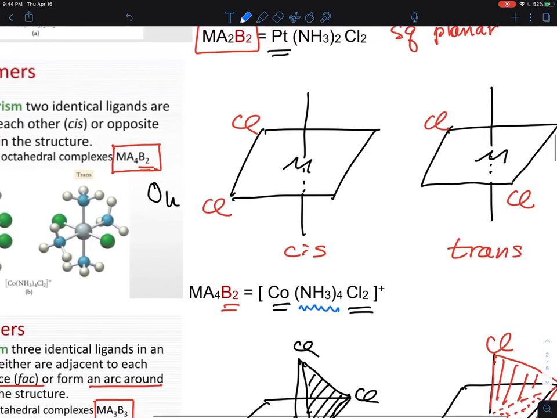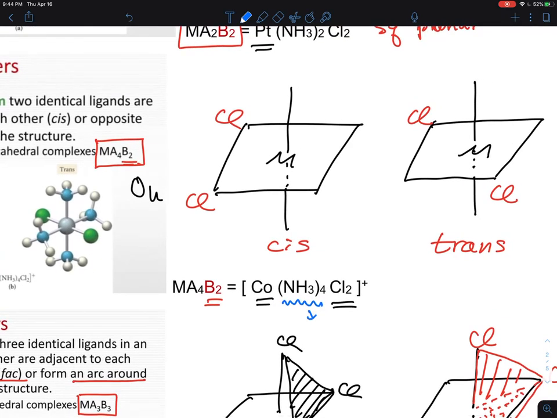But if this one is replaced by 2 ethylenediamine and Cl2, then the cis complex can have essentially 2 optical isomer pairs, right? So there is the possibility of doing this. I hope this explained it. If not, leave a chat or leave a question on the Google Doc. I can answer your questions. Okay. I think that's it.